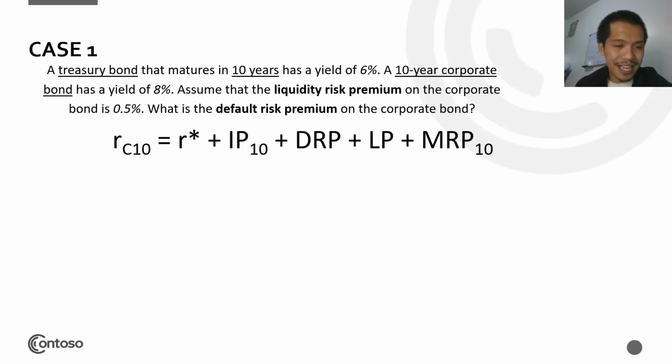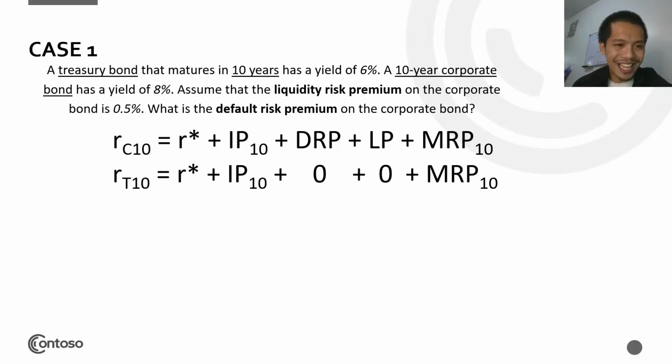Then we have the interest rates for the 10-year treasury bond. You have to understand that government securities, as discussed, have no default risk premium and no liquidity premium as they are acceptable. So what we're going to do is use the elimination method.